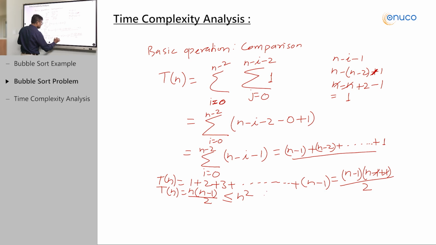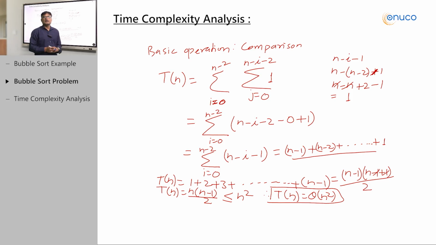Hence, we can say that the time complexity of T of n is theta of n square. We have discussed in asymptotic notations as well that n into n minus 1 divided by 2 lies between n square by 4 and n square by 2. Right? So this is the time complexity of bubble sort.